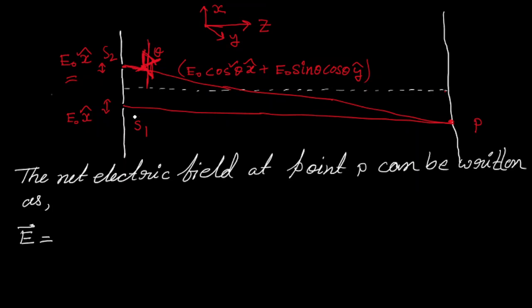let's first write the electric field of the wave coming from the S1 source. The amplitude remains E naught x cap, but the phase will be different because it travels from this point to this point.